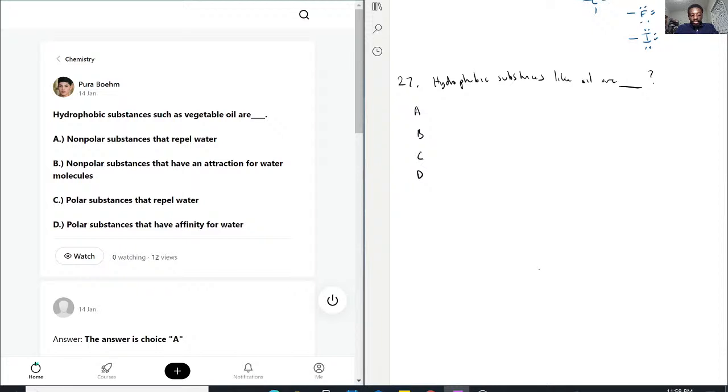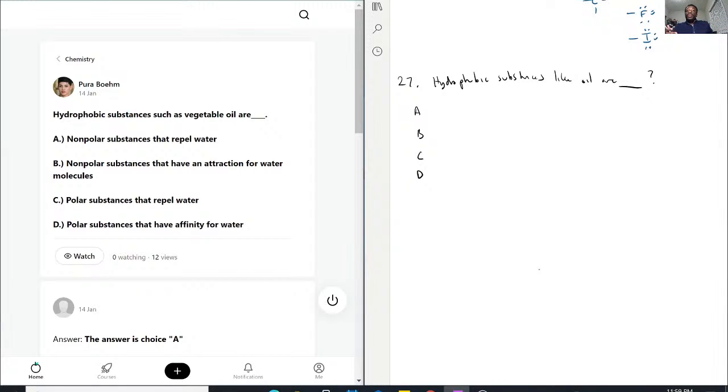So, now, what does hydrophobic mean? Well, typically hydrophobic means water fearing, or I guess water avoiding. So that is a key part that we need here, okay? Oil, or vegetable oil, is water avoiding. It does not mix with water.